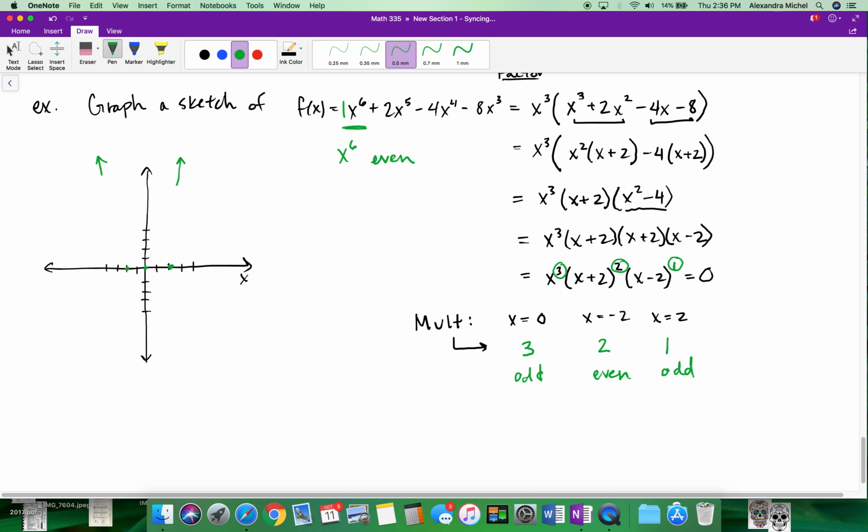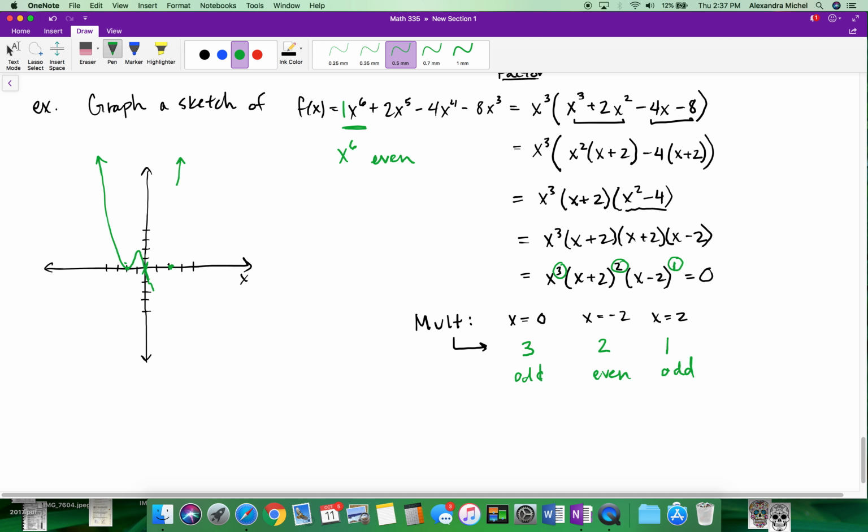All right. I know that I'm going to pass through at 0, right? I'm going to bounce at -2. So since I know I'm coming from up here, I have to go down and bounce, and then go back down through x equals 0.